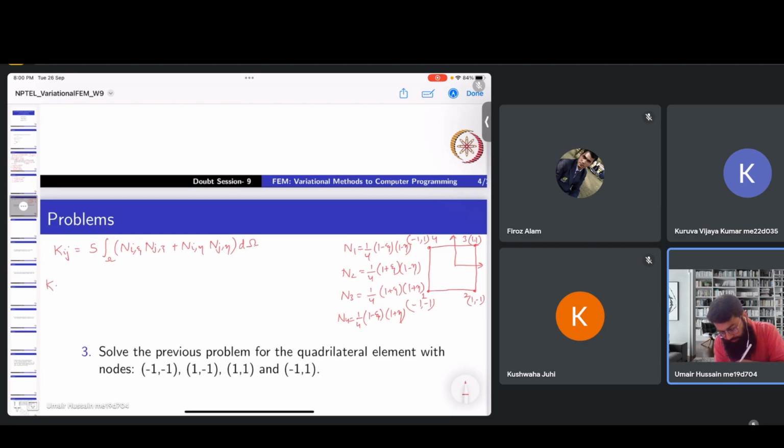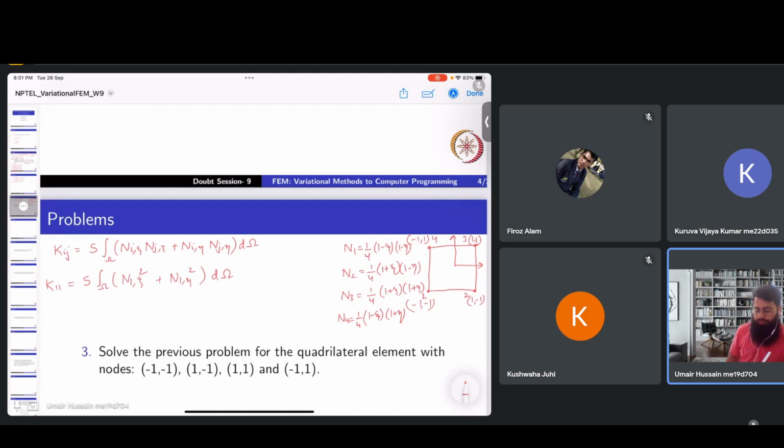So what should k11 be? It is n1 comma xi squared plus n1 comma eta squared.